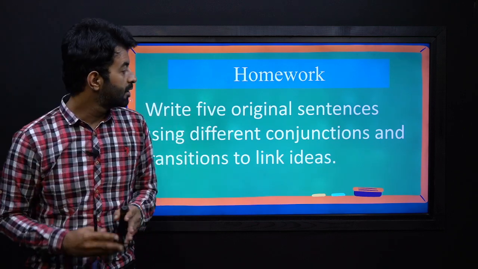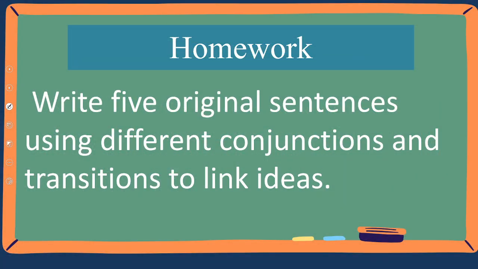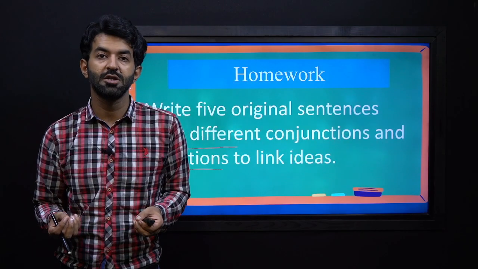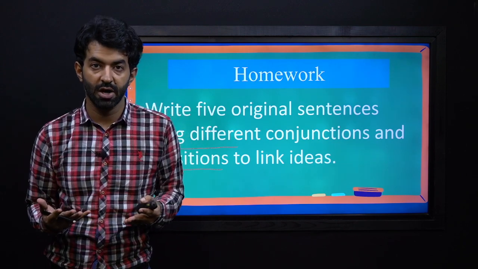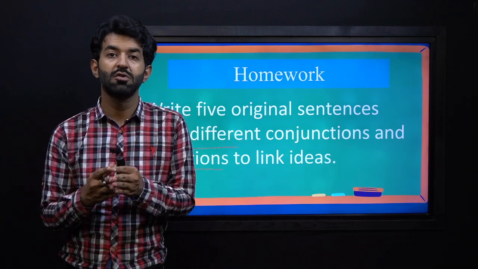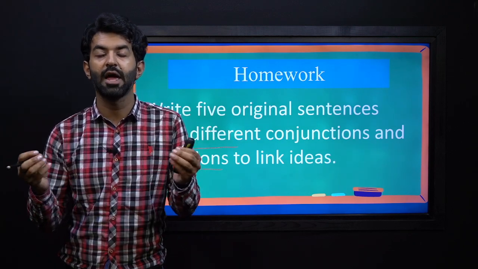For the homework, you have to write 5 original sentences using different conjunctions and transitions to link ideas. You can use coordinating conjunctions, subordinating, and also correlative conjunctions, and you can also use transitional words for comparison and contrast.